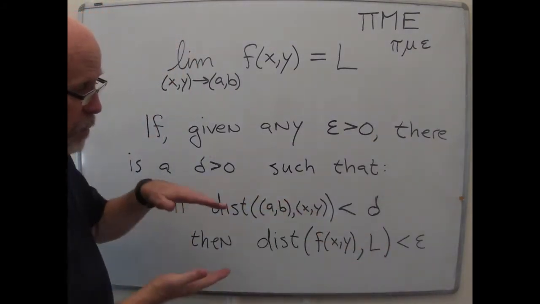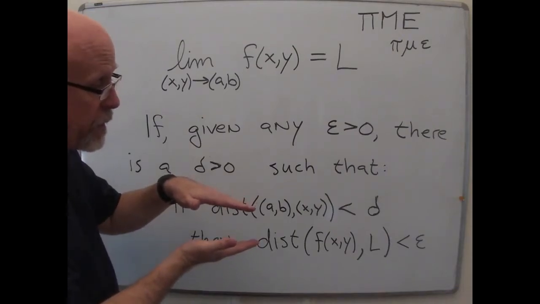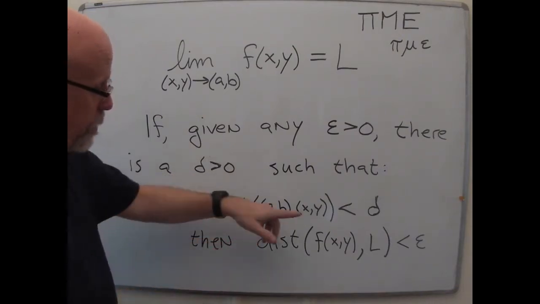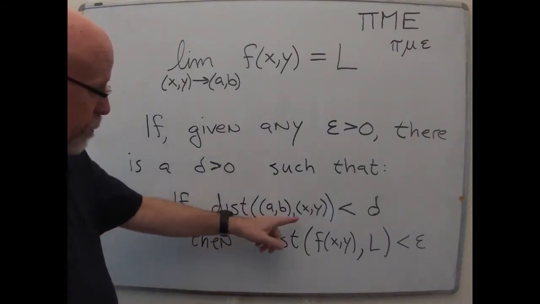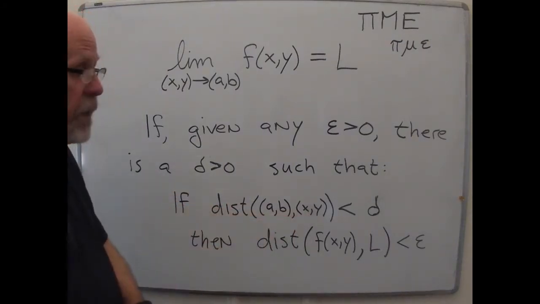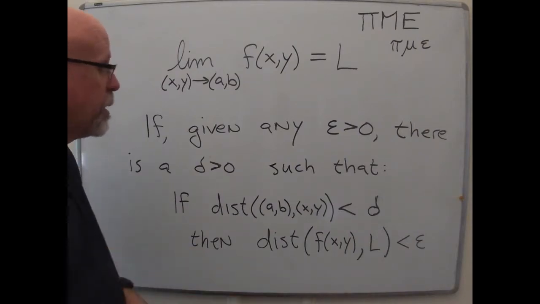So if you tell me how close you would like to get to the value of L, I'll need to come up with this delta and say, well, bring your point xy that close to AB, and you'll be in that range.